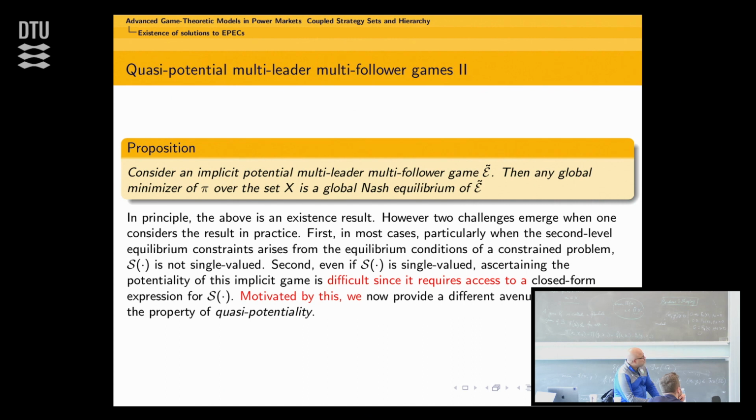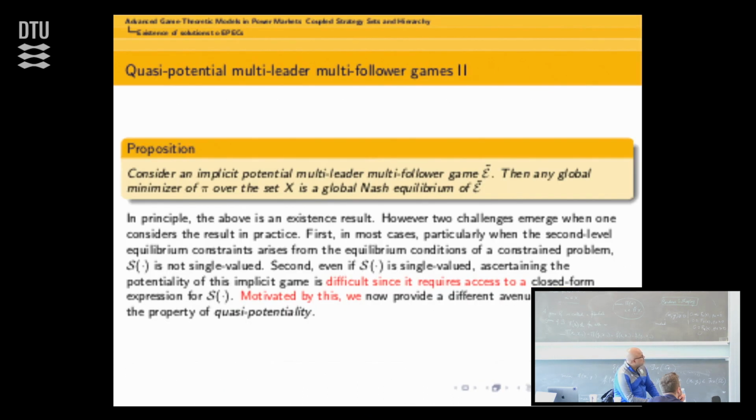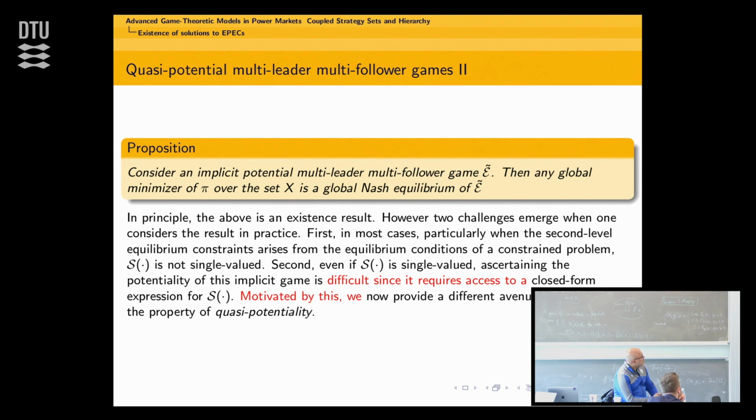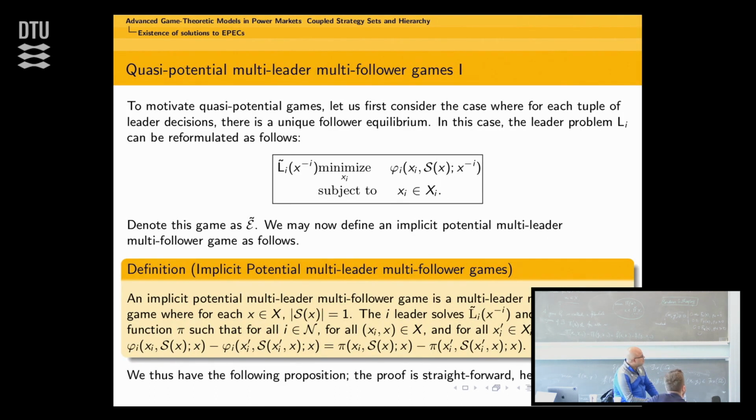If you have this potential function, then any global minimizer of pi is a global Nash equilibrium. Okay? So now the question is, when is it that this holds? When is it that you can get this? That really is model centric. You'll have to see your model and then check it.